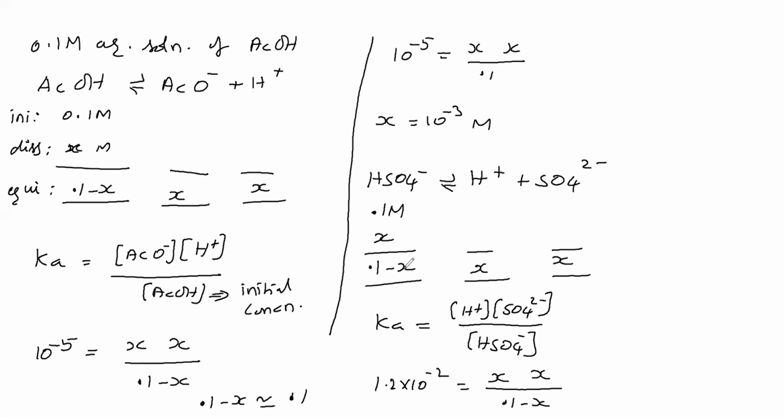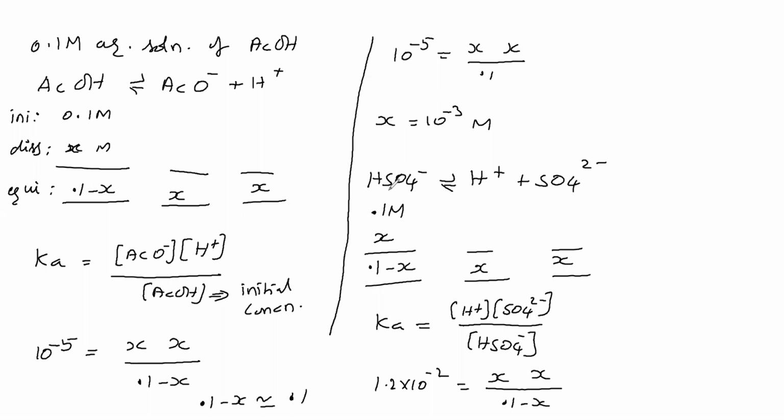This x value we will compare with this 0.1. Can x be greater than 0.1? Not possible. Why? Because we have taken 0.1, and in this some amount is dissociating.